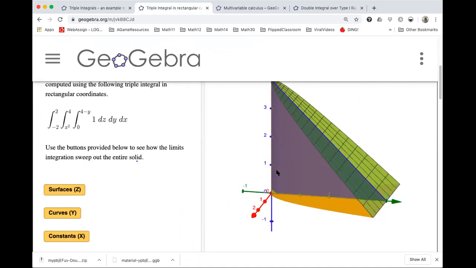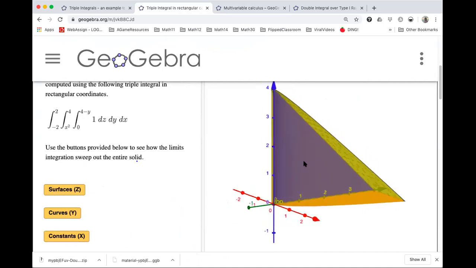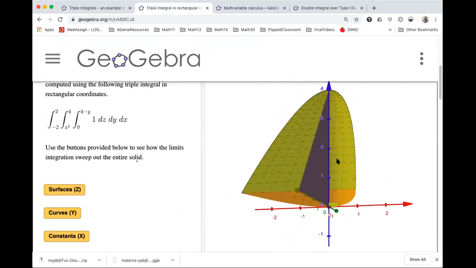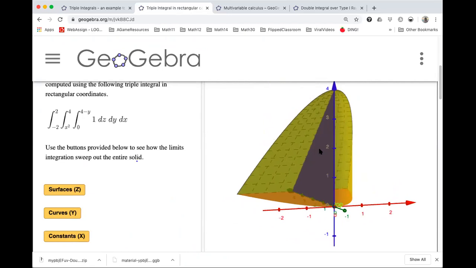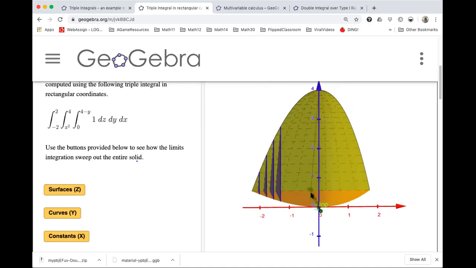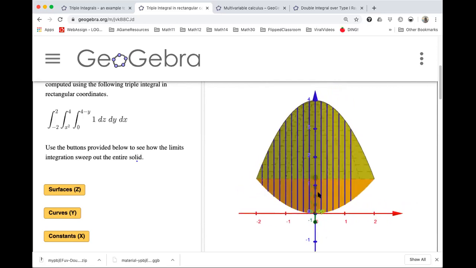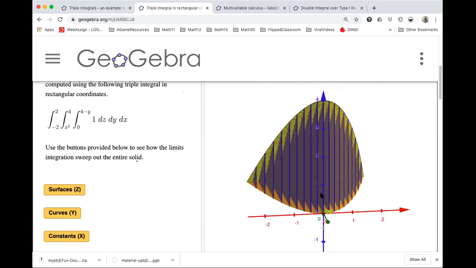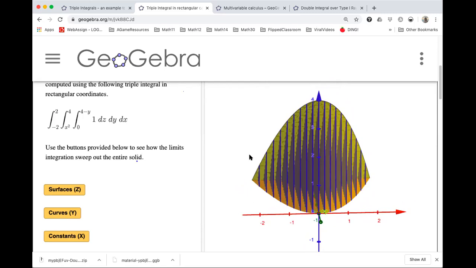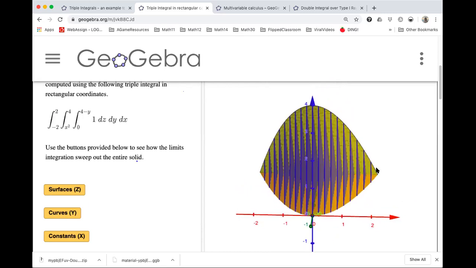And I want to add that up now times a tiny little width dx, because I want to find the total volume. So I'm going to take that inside integral, which is the area, and then I'm going to be multiplying by tiny little widths dx in between each of these. And I'm going to add those up in x. And you can see where I add that up in x, I'm always going to be starting my slice at -2 and ending my slice at +2.